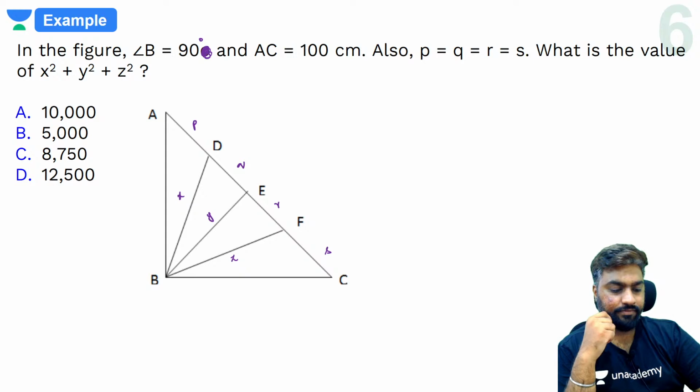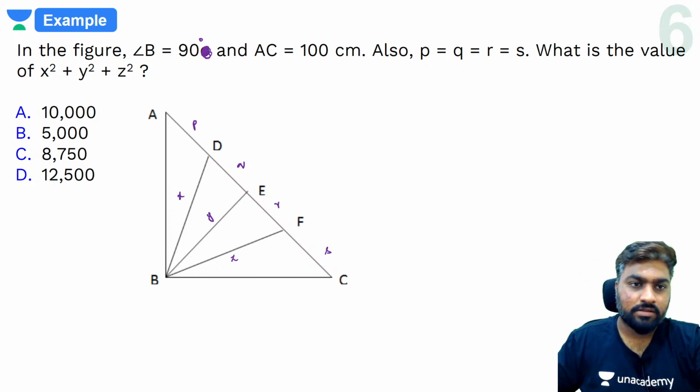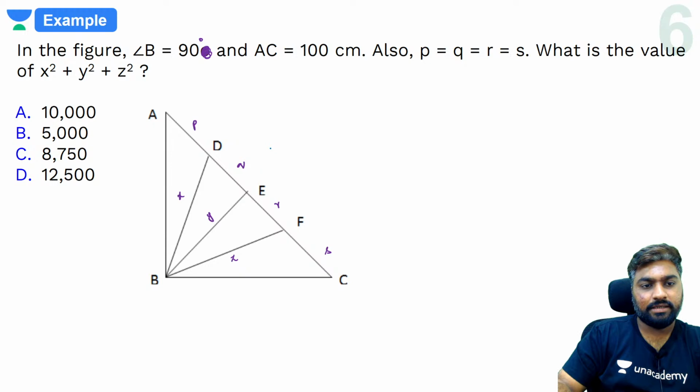Quick guys. So they're saying AC is 100 centimeters. हाँ, पूरा AC जो है 100 centimeters है.